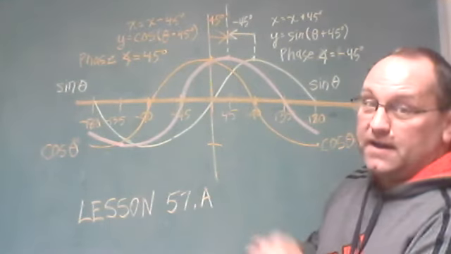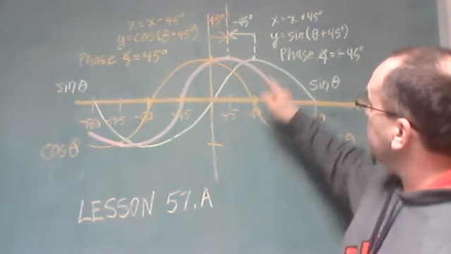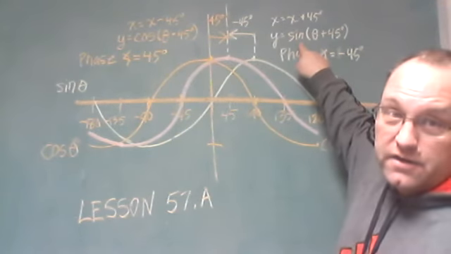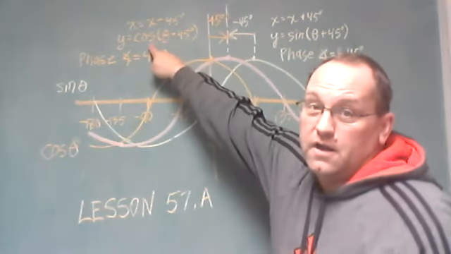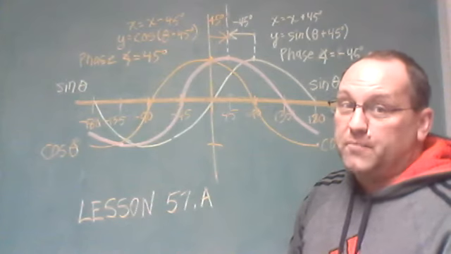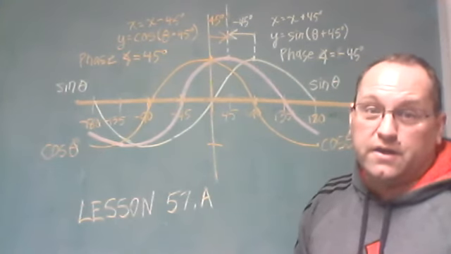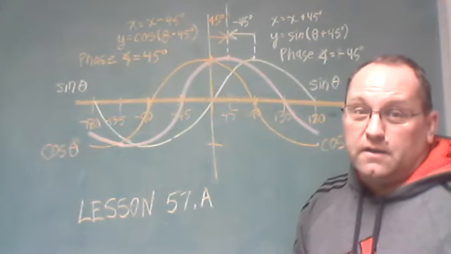So we can express that red curve either as a shifted sine function or a shifted cosine function. It doesn't matter. They'll both represent that same red curve. The book will tell you which function to express it in going forward.